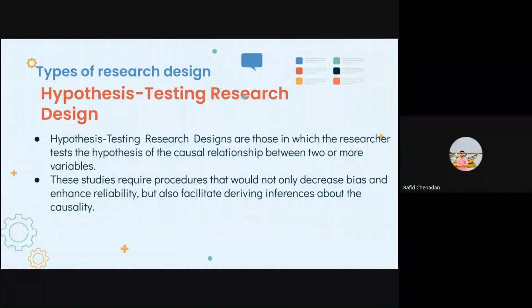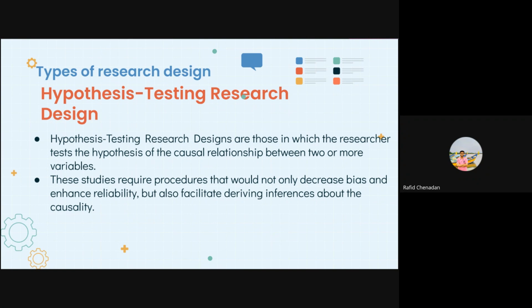A hypothesis testing research design is a design in which we are simply testing the hypothesis. If I am testing whether my hypothesis that the school children are reel addicts is right or wrong, my purpose is to test the hypothesis.